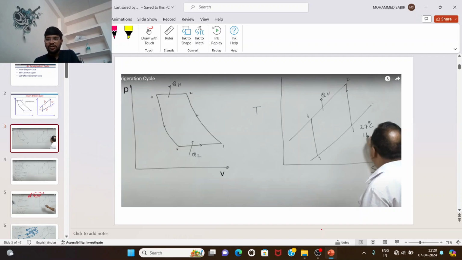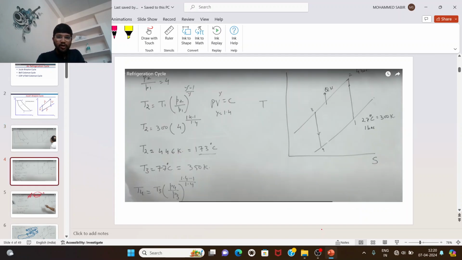Here, two processes are isentropic and the other two are isobaric. 1 to 2 is done by the compressor, which is isentropic compression, and 2 to 3 is isobaric heat extraction, which is done by the cooler, and 3 to 4 is isentropic expansion, which is done by the turbine, and 4 to 1 is where we get the refrigeration effect, which is the isobaric heat addition.